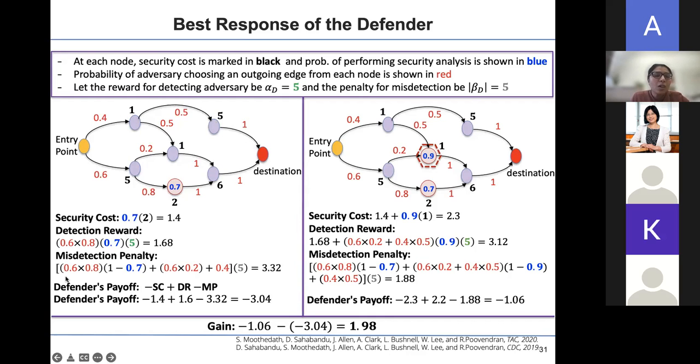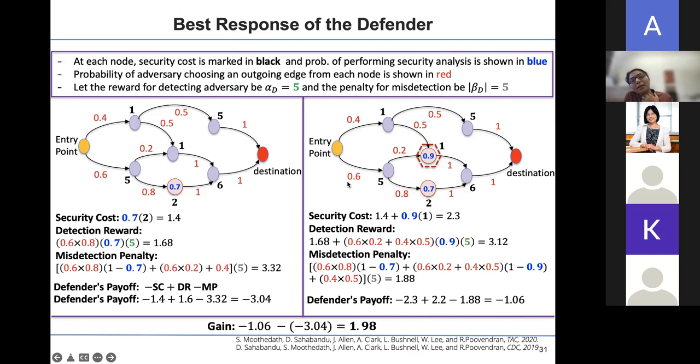So the overall misdetection across all the paths adds up to a value of 3.32. So the defender's payoff is the negative of the security cost plus the detection reward minus the misdetection penalty, right? So that gives me minus 3.04.